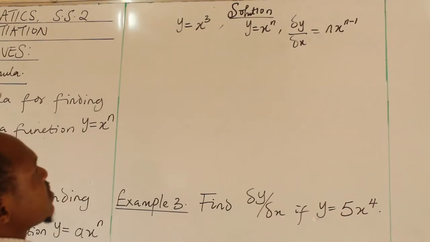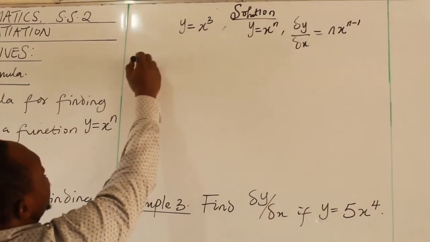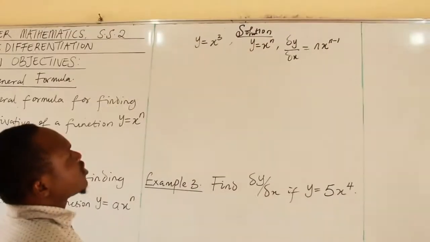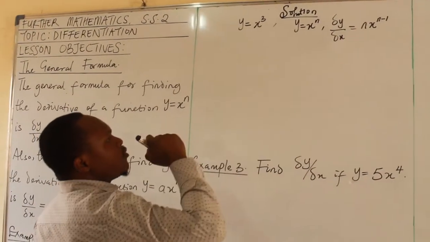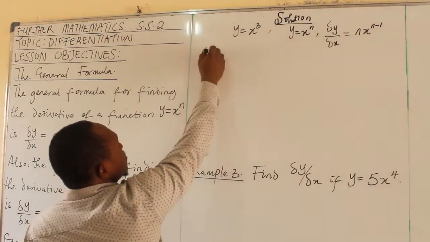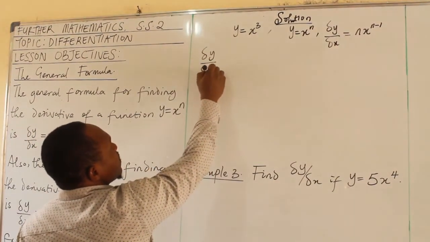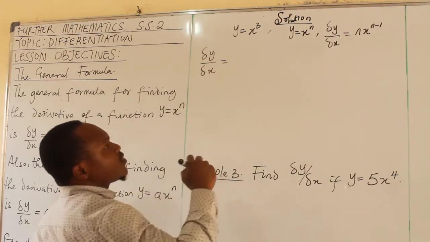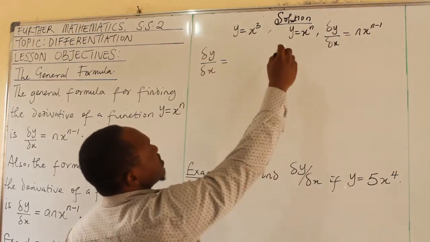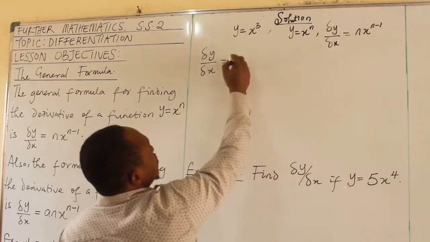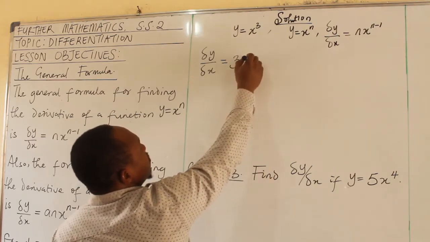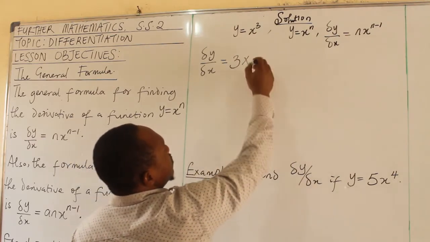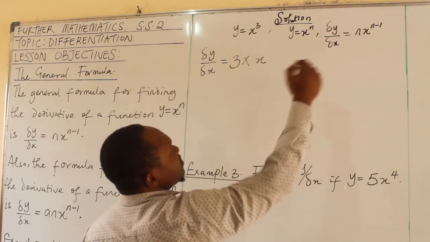So in this case, since we have y is equal to x to the power 3, then looking at the general formula, dy over dx will be equal to our n, in this case, is 3. So 3 multiplied by, according to the formula, x raised to the power n minus 1.